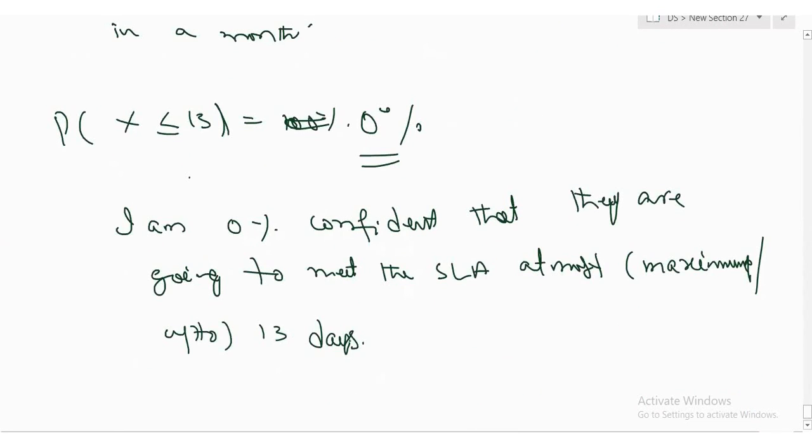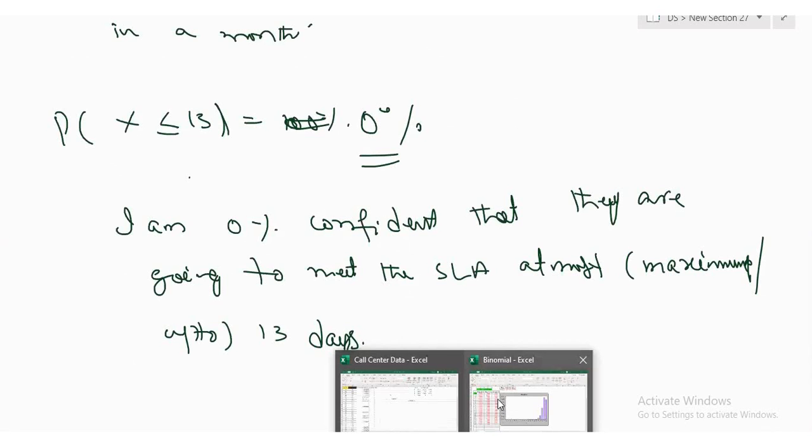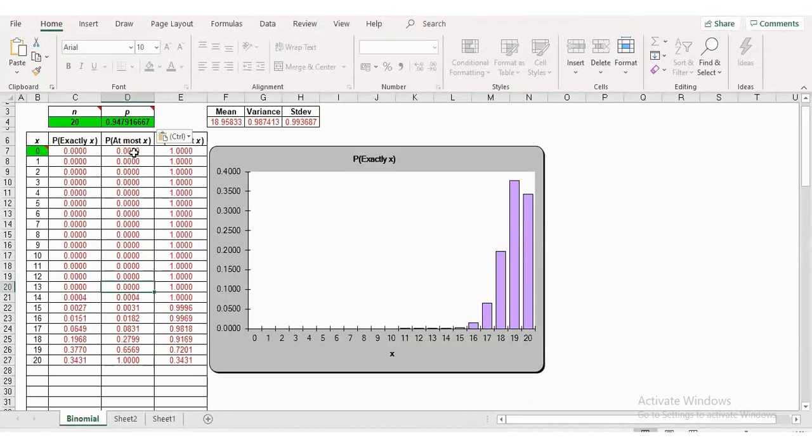Actually, they are meeting more. You guys are understanding or not? They are meeting more, right? I think you guys are not understanding. I can understand that. Let us look at this.